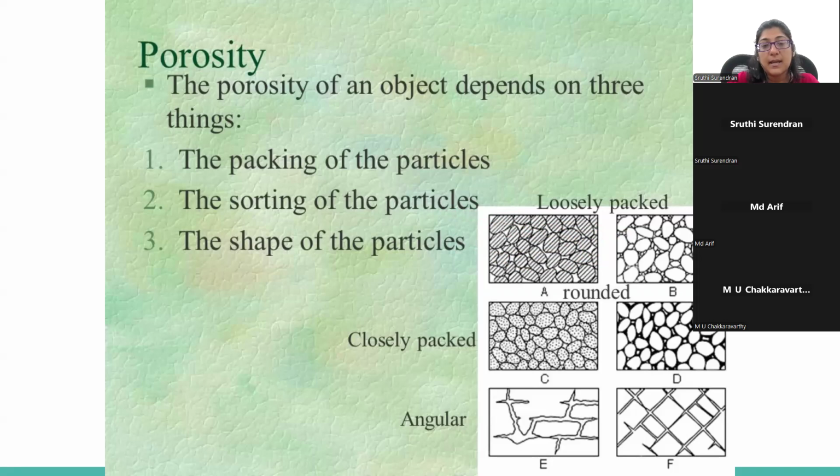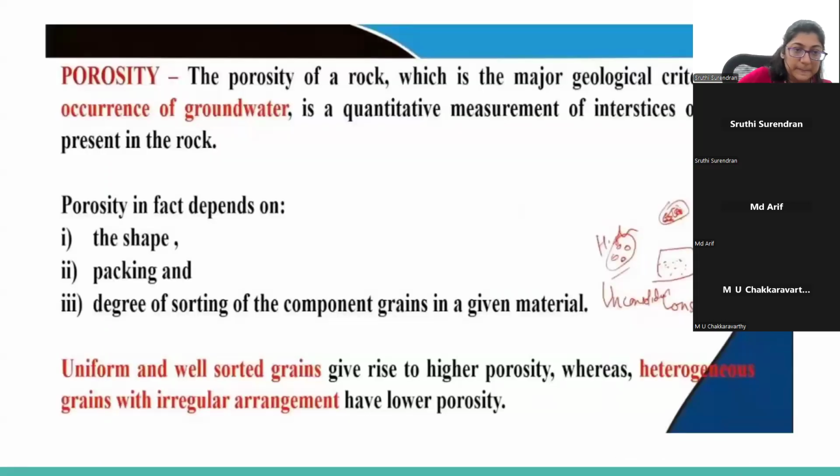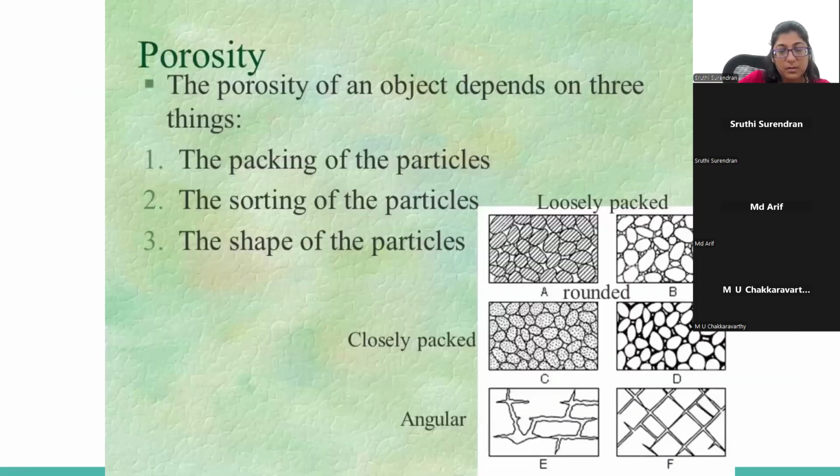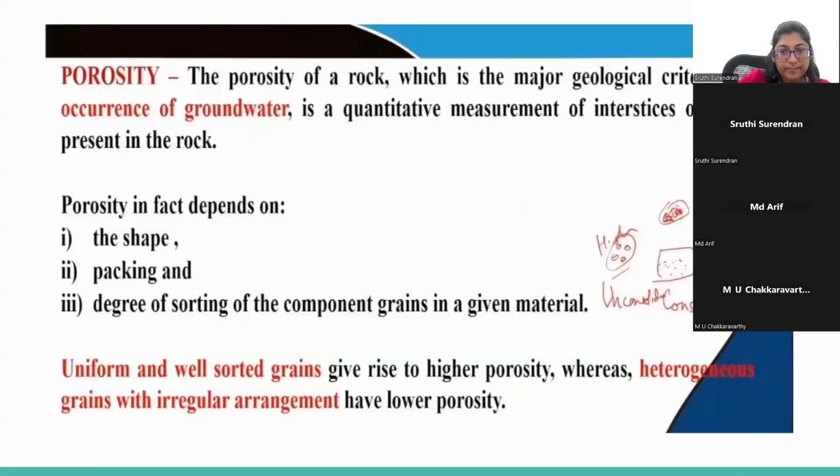So the three important factors that the porosity of a soil material depends on are the shape of the particle, the packing of the particle, as well as the sorting of the particle. So here they're saying uniform and well sorted grains. That is, if it is uniformly sorted, initially there is a small size particle.